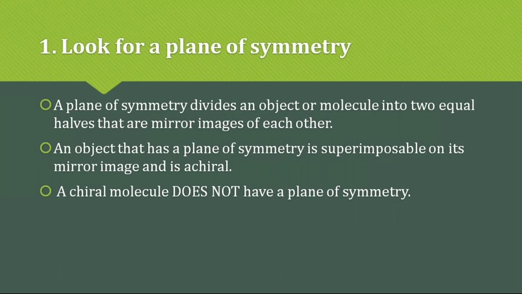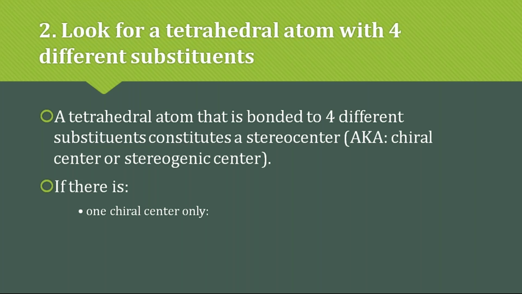A plane of symmetry divides an object or molecule into 2 equal halves that are mirror images of each other. An object that has a plane of symmetry is superimposable on its mirror image and is achiral. A chiral molecule does not have a plane of symmetry. If the molecule has a plane of symmetry, it is not chiral; it is achiral.